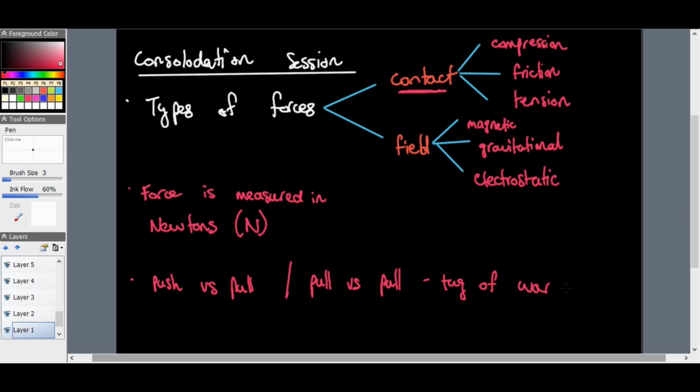So contact forces are by far a bit easier to understand, as the content for them is not as big. But a contact force generally consists of either a push or pull type motion, to change the object's state of motion from rest to motion, or from motion to rest.